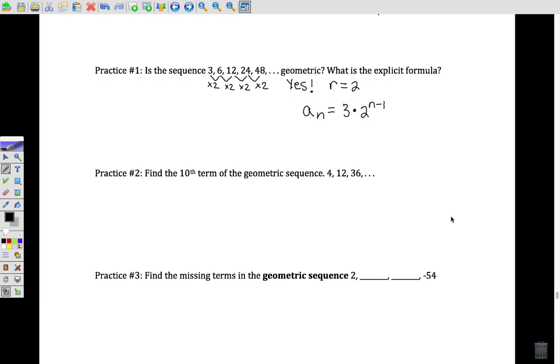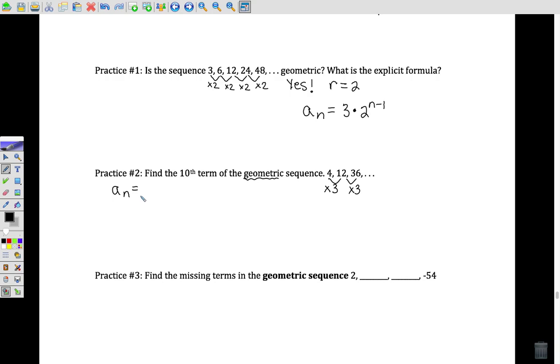For example, if we wanted to find the 10th term of this geometric sequence, we're going to use an explicit formula because that can help us figure out the 10th term without having to know the 9th, 8th, 7th, 6th, 5th, 4th, 3rd, 2nd, etc. So to find the 10th term, it's important it told us it was a geometric sequence, so we know that this common ratio, which looks like it's 3, is always going to be the same. So let's write down the explicit formula.